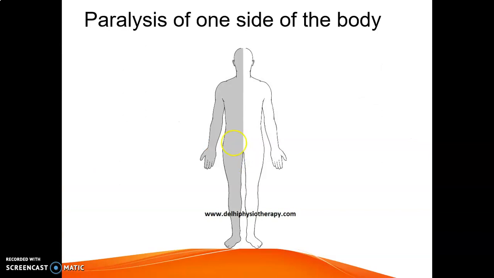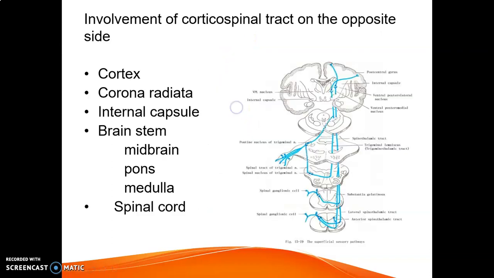So basically, you know that hemiplegia or hemiparesis is affecting one side of the body, paralysis of one side of the body. First we'll go through the part of the central nervous system where this is affecting. Here you can see the cortex, the corona radiata.